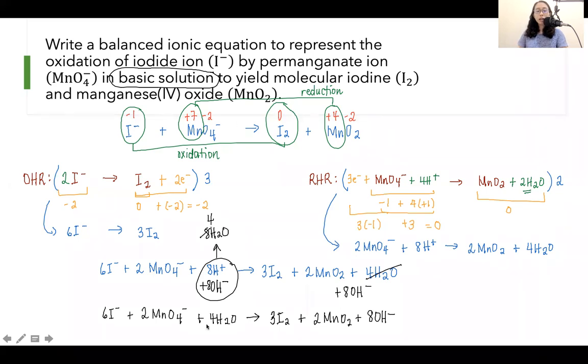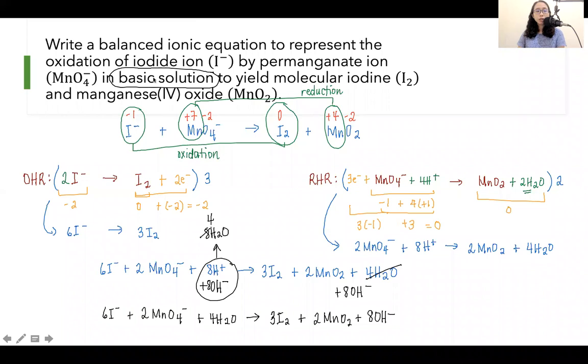Again, to check, look at the number of atoms if they are balanced. So you have 6 iodines, 2 manganese, we have 12 oxygens, and 8 hydrogens. So the number of atoms are balanced. And check also if the total charge on the reactant side and the total charge on the product side are equal.